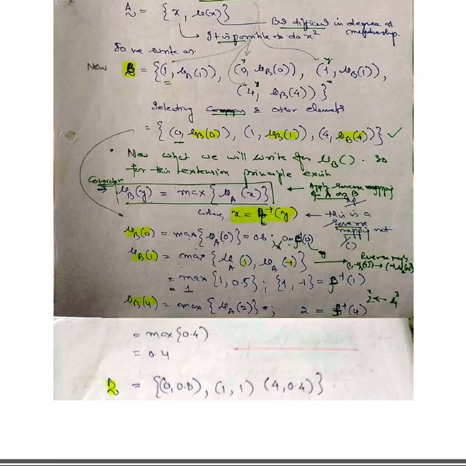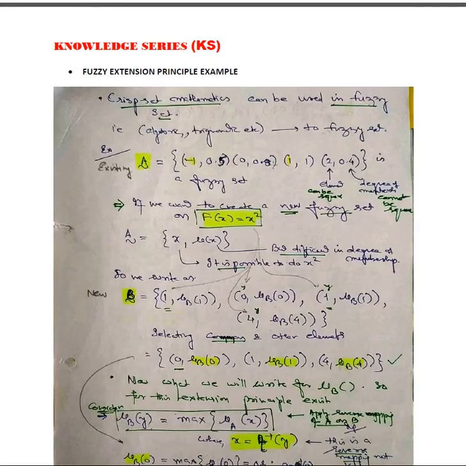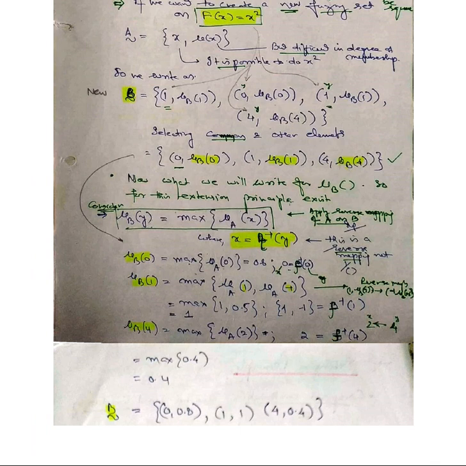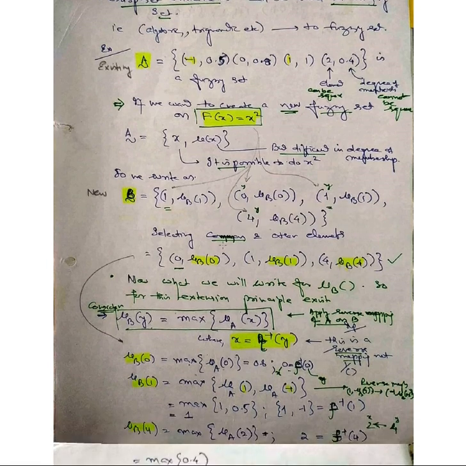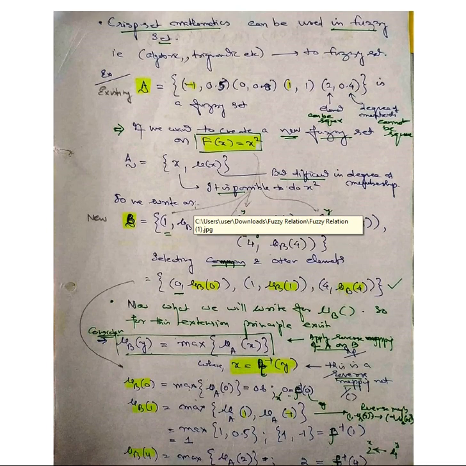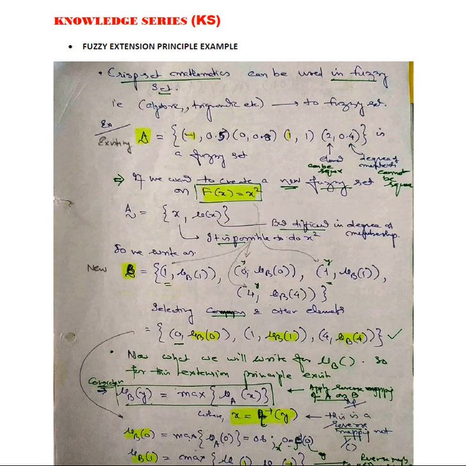Now you are seeing mu B of 1. Mu B of 1, how many values are there? If you see, you are having mu A of 1 and mu A of minus 1. That means 1 and 0.5. That is what you are going to see in the second case with respect to mu B of 1. Here this has become double, where this was 0.5.